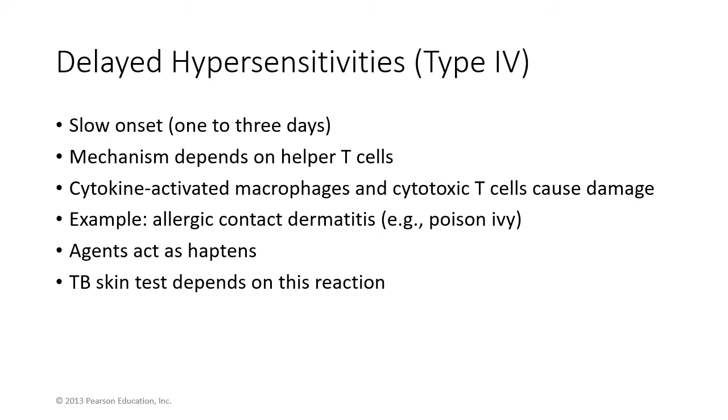And things like allergic contact dermatitis, poison ivy, the agents act as haptens. They don't develop this reactivity. It's more just a reactive type of reaction that doesn't involve stimulation of the immune cells in a normal pathway. We talked about haptens in the first half of this chapter lecture.